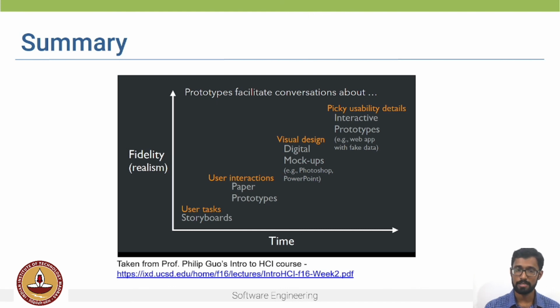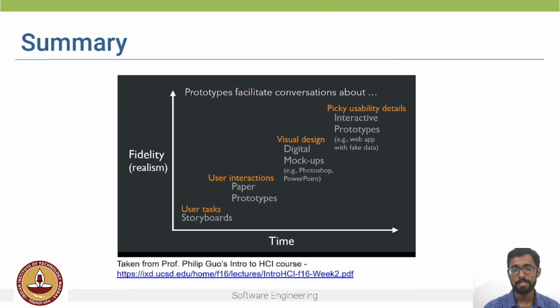The important thing to note is that these prototypes facilitate conversations about different things with the clients, among developers, designers, etc. So for example, the storyboard facilitates conversations about the user tasks or the goals of the software system which we want to build.